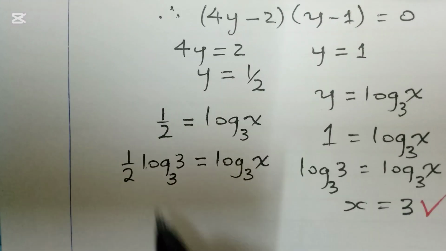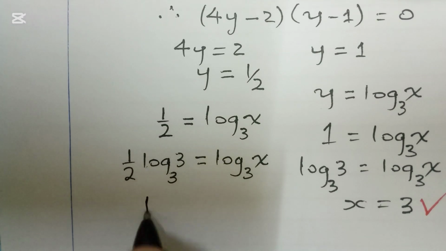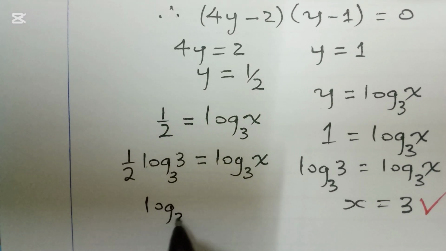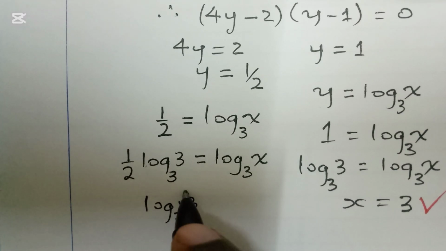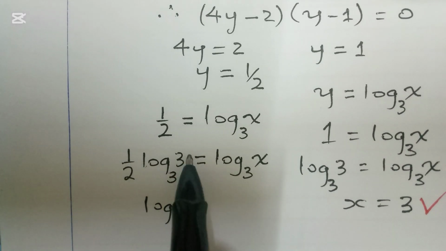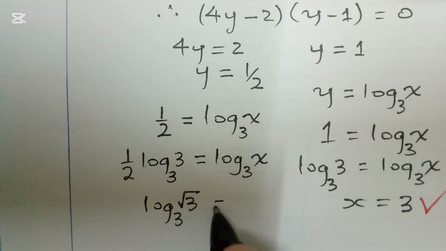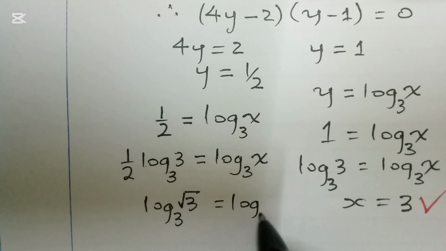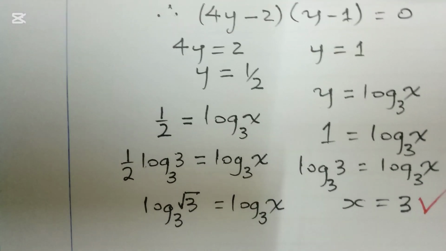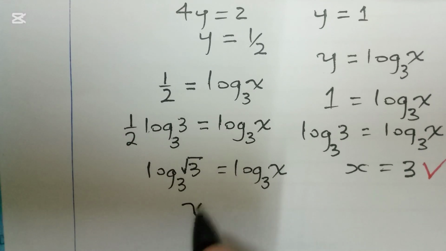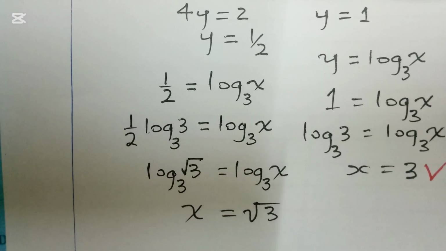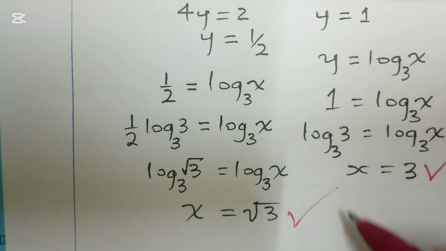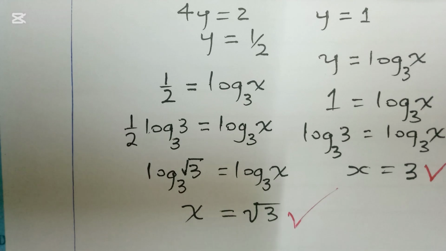Therefore I can put the square root there, bringing it inside, so this gives us log base 3 of the square root of 3 equals log base 3 of x. So x is then equal to the square root of 3. That is our next answer.